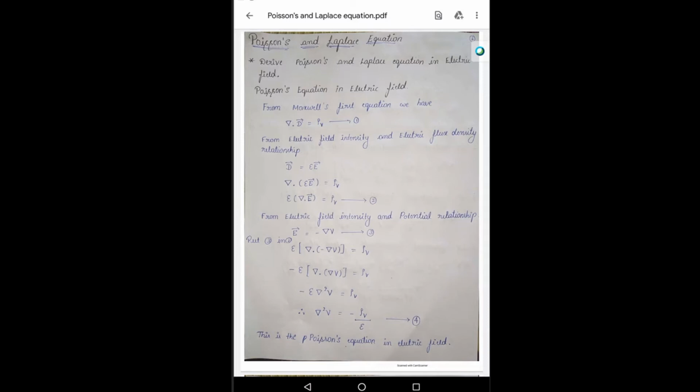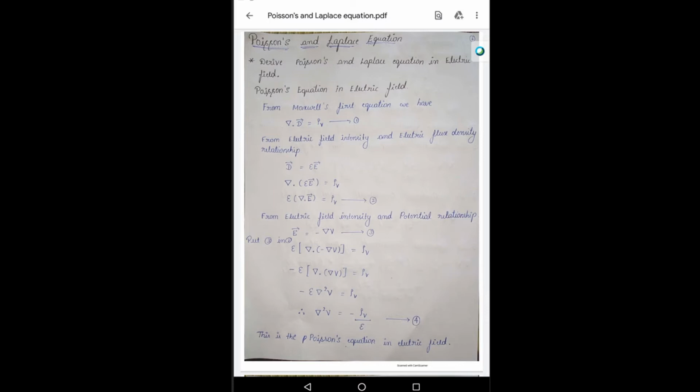Then we have the relation between field and flux density: D is equal to epsilon into E. The value of D is equal to epsilon E is substituted in equation 1. So equation 1 LHS becomes del dot epsilon E is equal to rho V. Then epsilon is constant, you can remove outside and it will become epsilon del dot E. That is represented in equation 2.